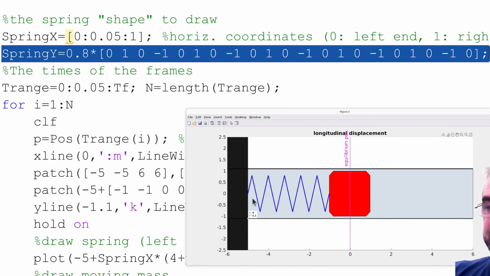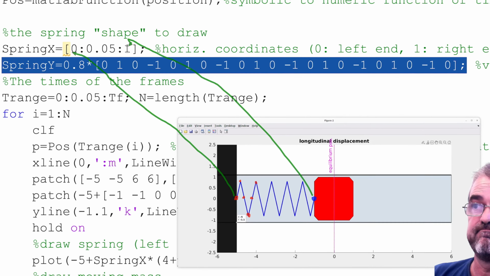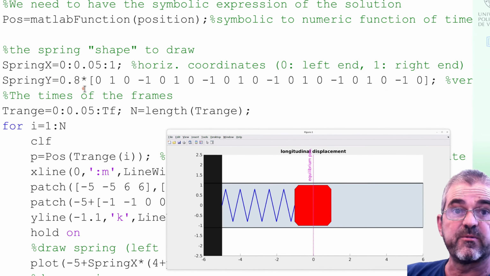So I get this center up, center down, center up, and so on until I get the right end. So left end will be at 0, right end will be at 1. And we will scale and translate the spring to draw it in the position we must do. So this is the spring drawing code.